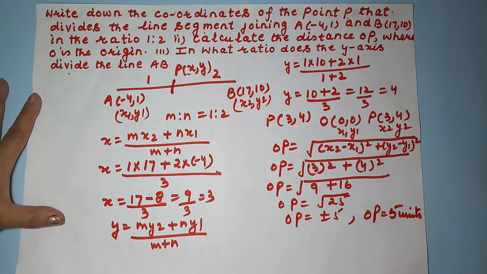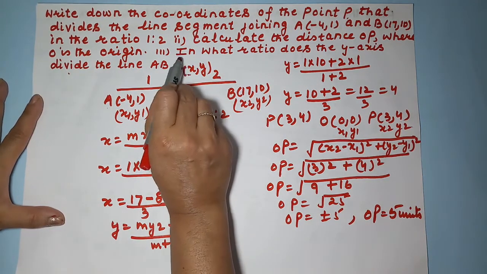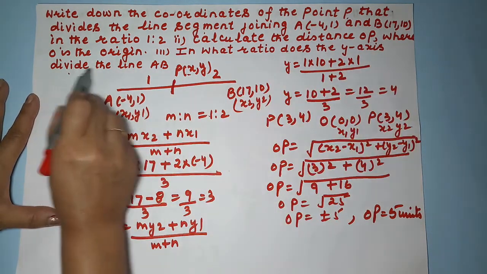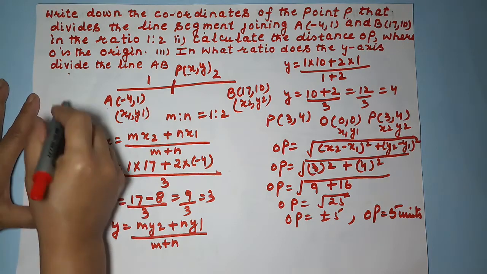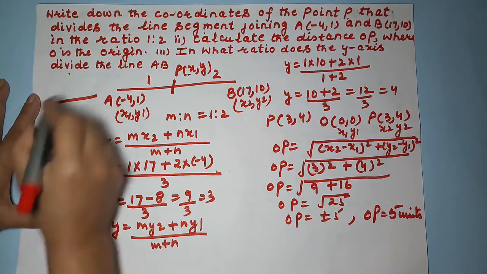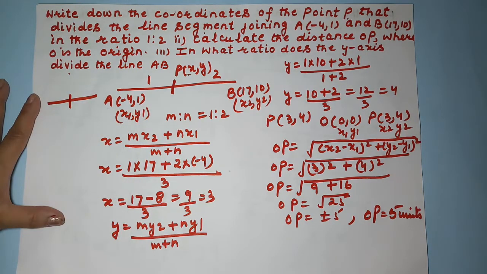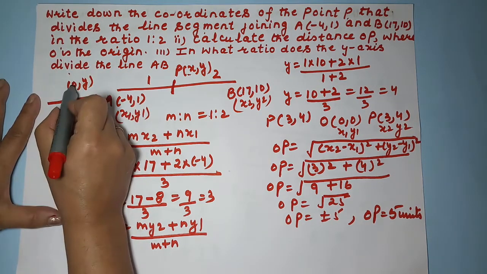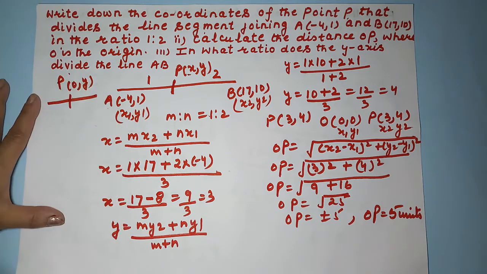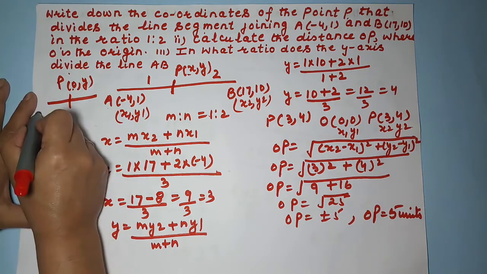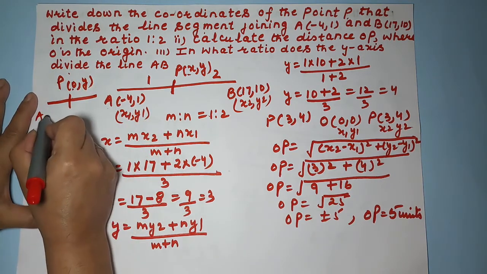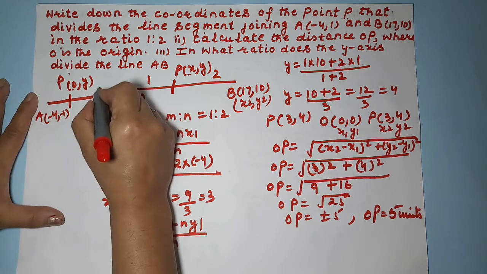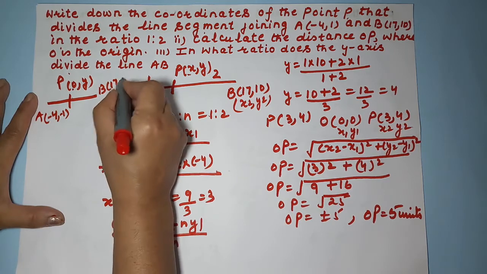Right? Okay. Now the third part of the question. In this he is saying, in what ratio does the y-axis divide the line AB? So let me take this line AB again. Now this time if the y-axis is dividing it, that means the coordinates of that point P will be 0 and y, and A is the same, minus 4 and 1, and B is 17 and 10.